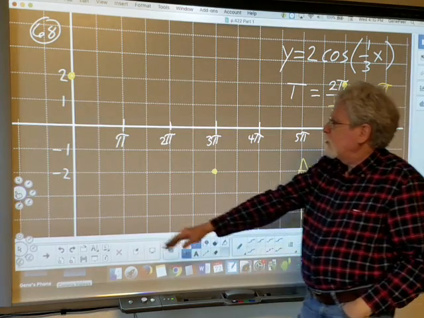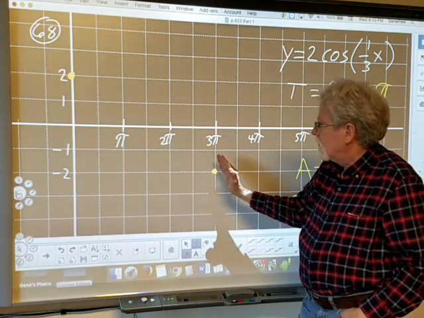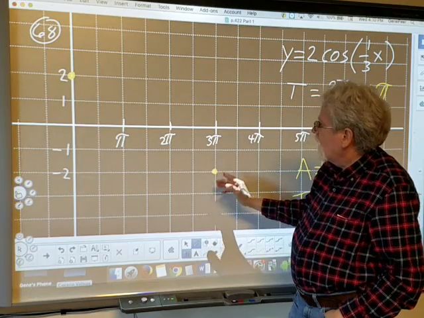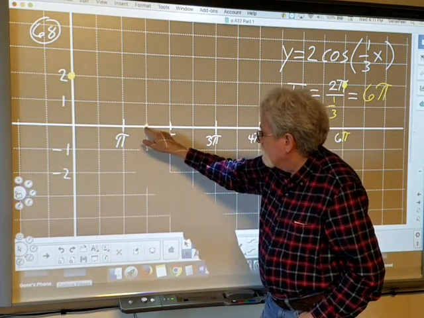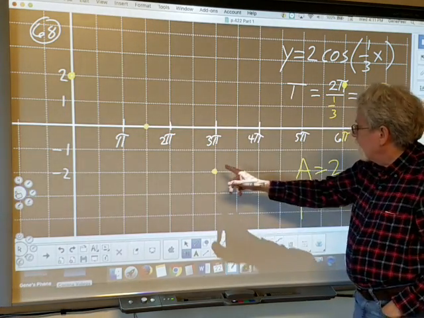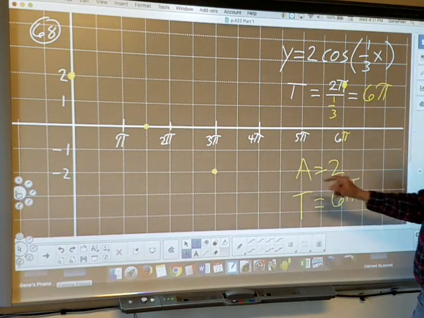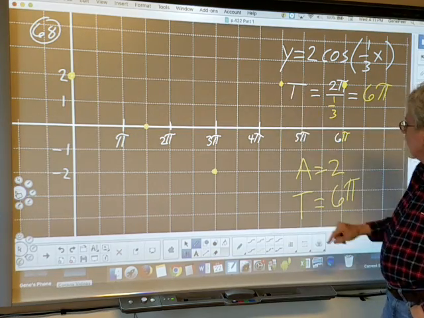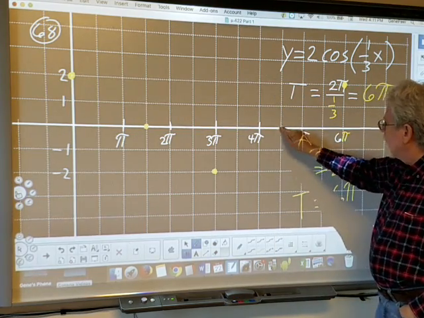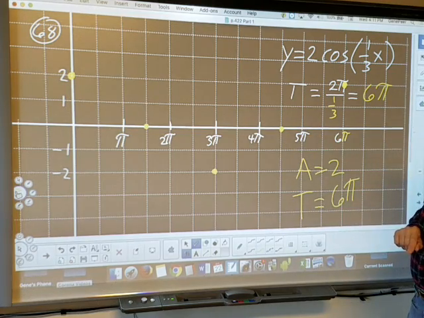And what happens between the maximum and the minimum? You'll have a 0. What's halfway between 0 and 3 pi? 1.5 pi. And halfway between 3 pi and 6 pi? 4.5 pi. Remembering that, zeros. There we go. Yep, that's all there is to it.